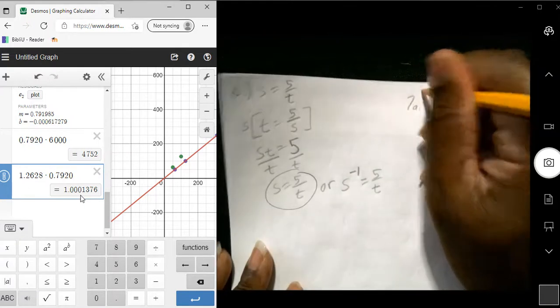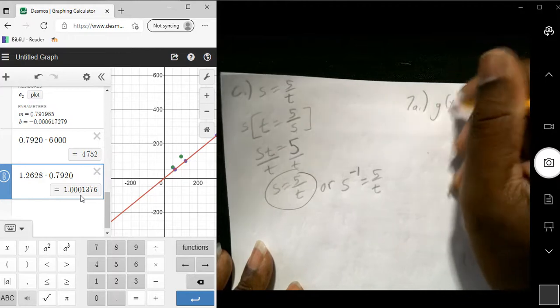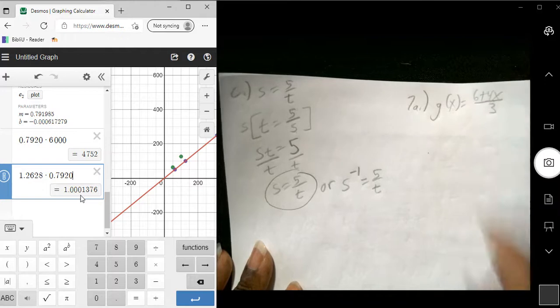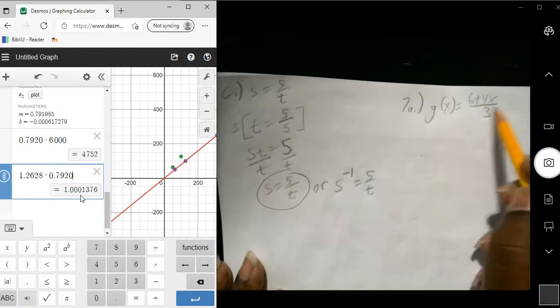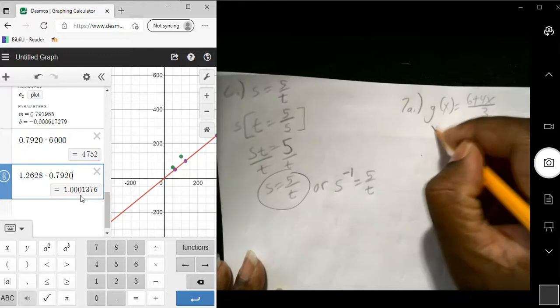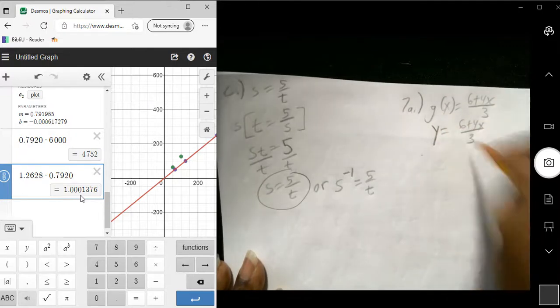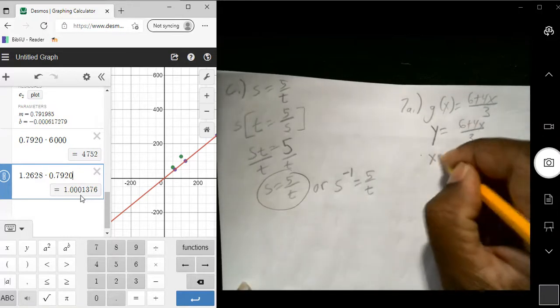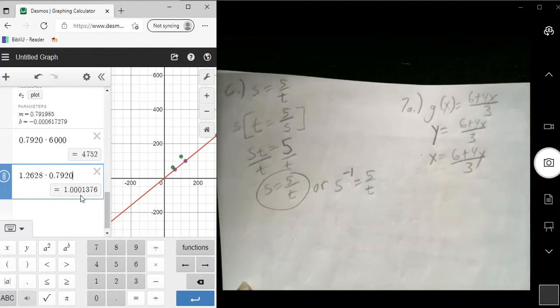So we have 7a, and we have g of x is equal to 6 plus 4x over 3. So now what I would do is this here. I'm just going to make g of x y, and then I would make my changes at the end. So I'm going to switch x and y. So x is equal to 6 plus 4y over 3.